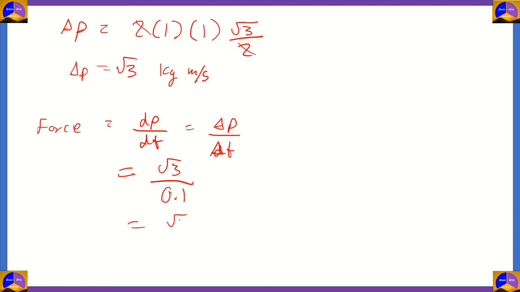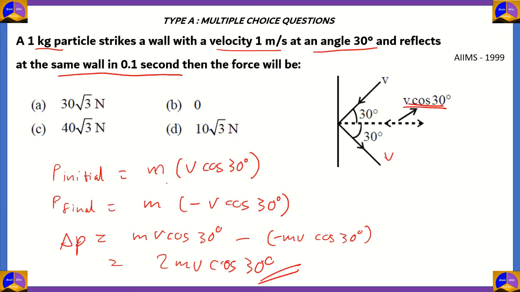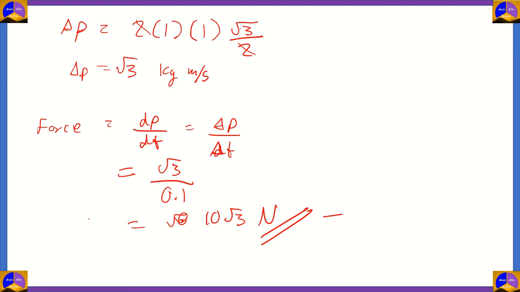So that will be 10 root 3 Newton, making option D the correct answer. So 10 root 3 Newton is the value of the force exerted by the particle and experienced by the particle. So therefore option D will be the correct option.